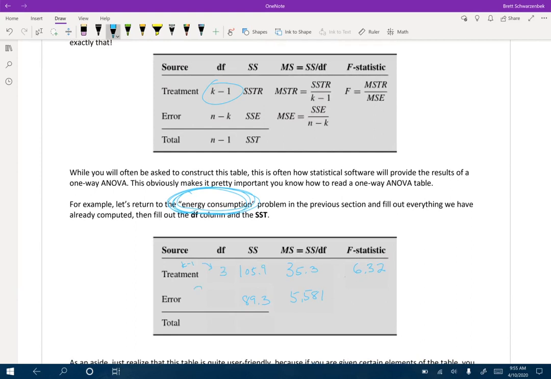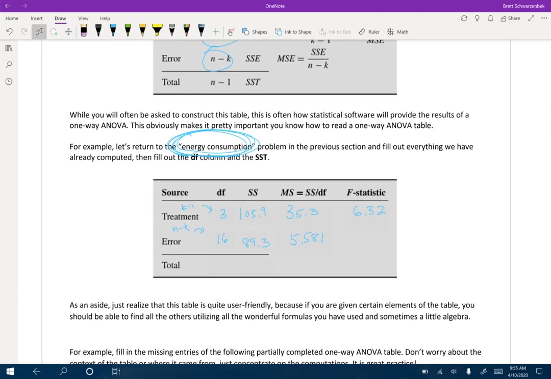Remember, this was n minus k, which is 20 minus 4, which is 16. And then the only thing left to do is add straight down in these two columns to get 19, which is actually n minus 1.